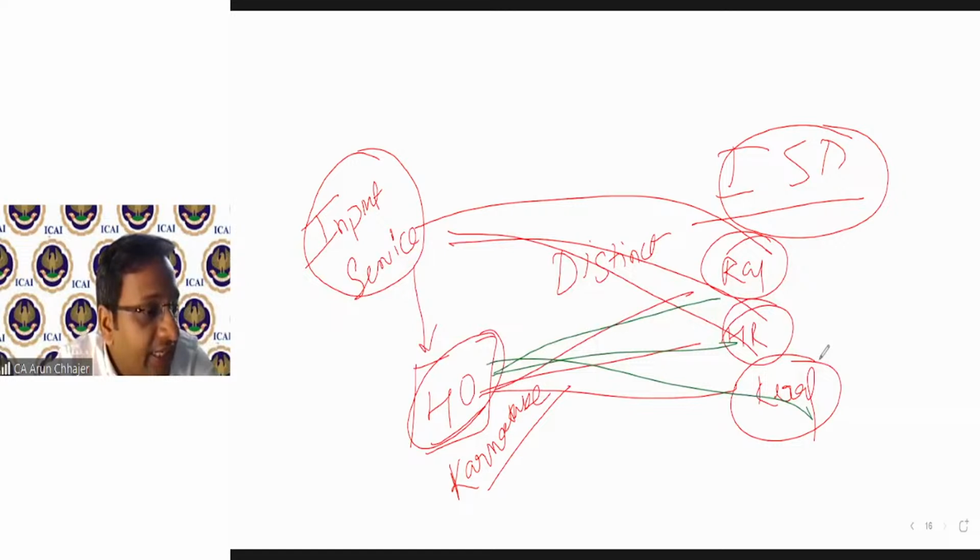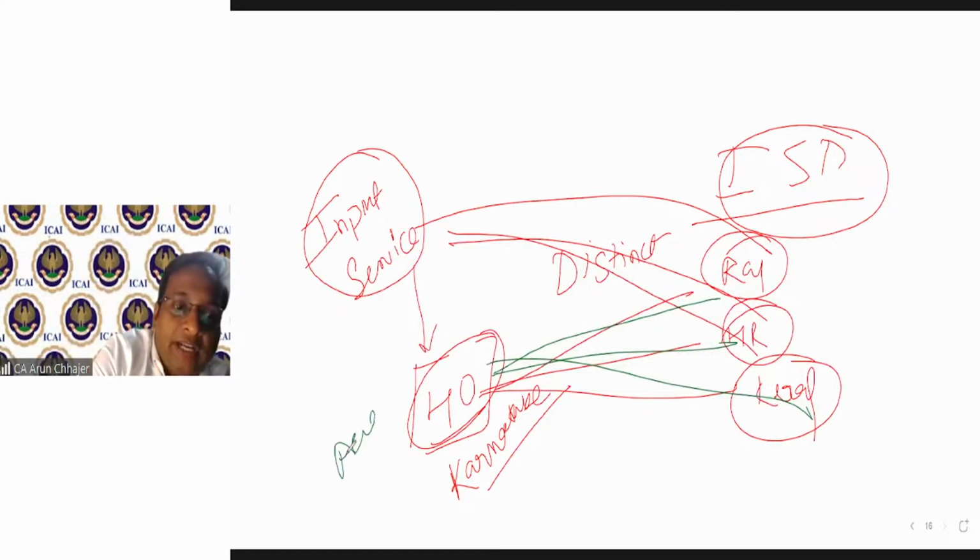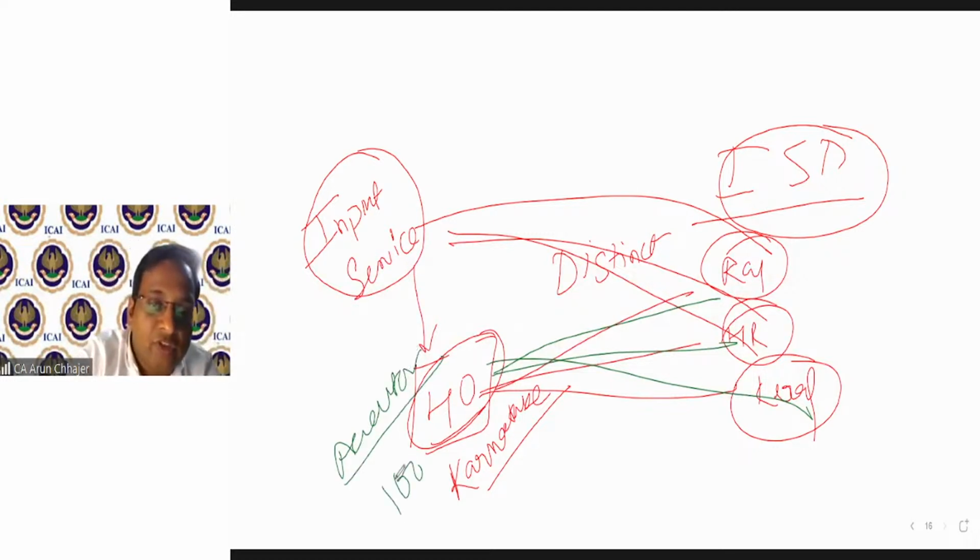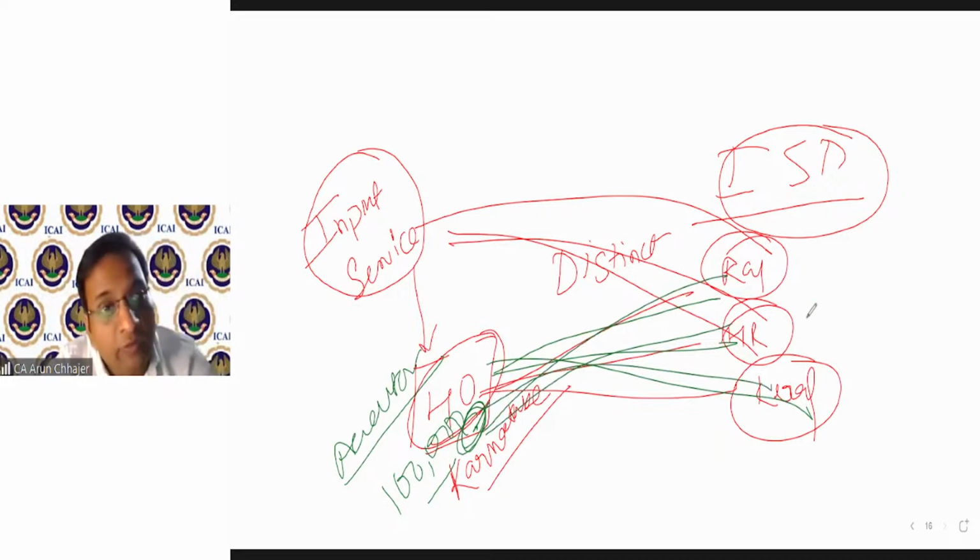I gave an example yesterday that the head office has hired one auditor for the audit of all the branches. Auditor is raising the invoice of 1 lakh plus GST. So this GST, because it is input service received from an outsider for the benefit of the branches, will be apportioned in the ratio of turnover of the branches.